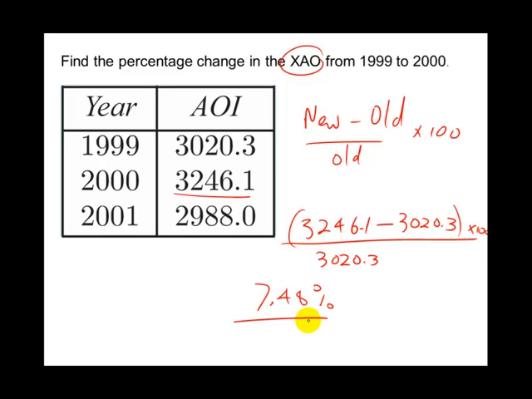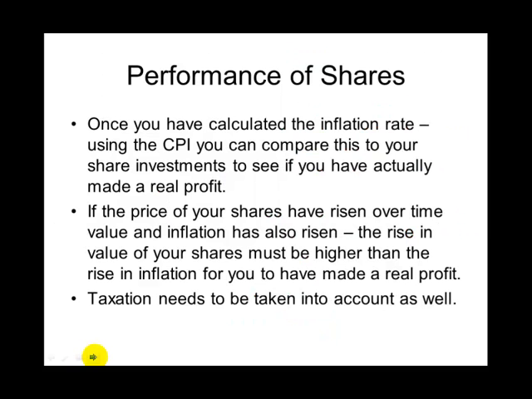So what that means is, in general, the shares from 1999 to 2000 went up 7.48%. So you would hope that inflation didn't go up that high, otherwise you'd make a loss. So the performance of our shares has to be compared to the cost of living or inflation over that time.